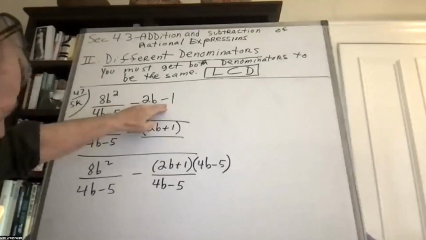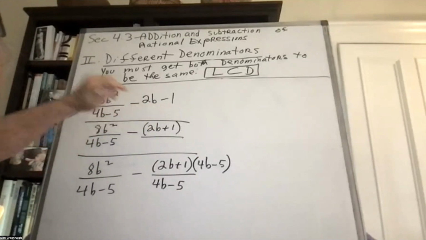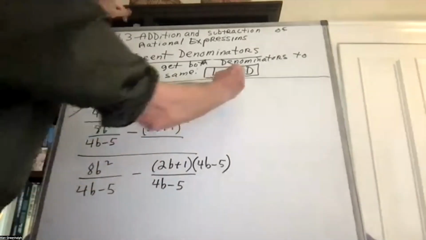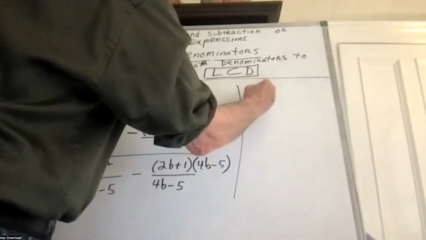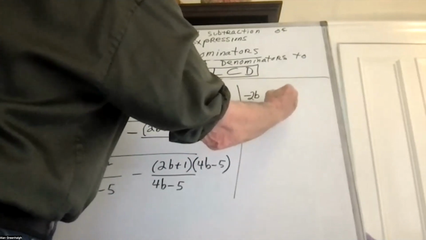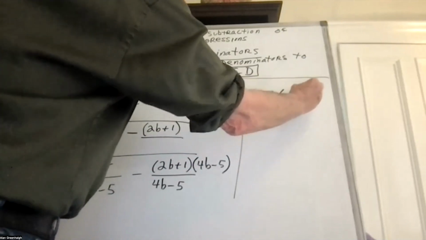So what if we just add directly the 4b minus 5 to the denominator? You just want this to be negative 2b minus 1, and just stick a 4b minus 5 over there?